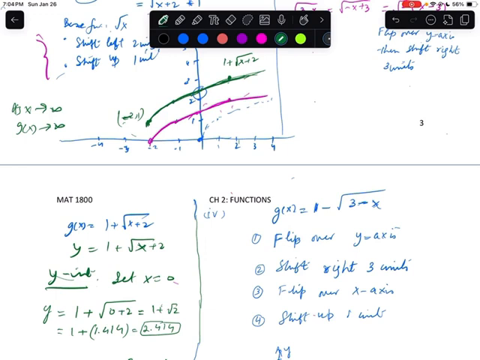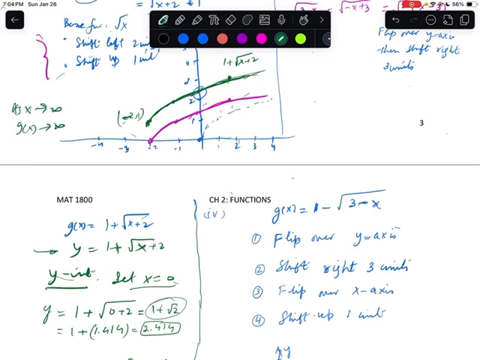So our equation is y equals 1 plus square root of x plus 2. For finding the y-intercept, I set x equal to 0, and I get y equal to 1 plus square root of 2.